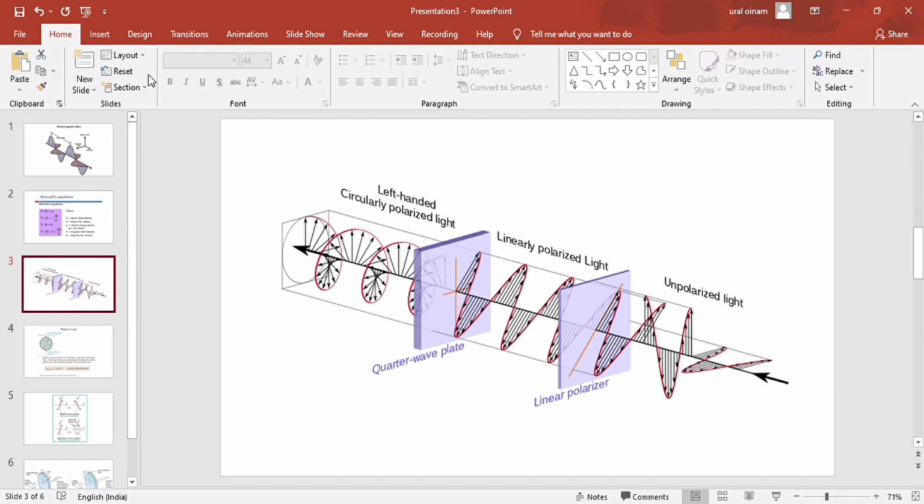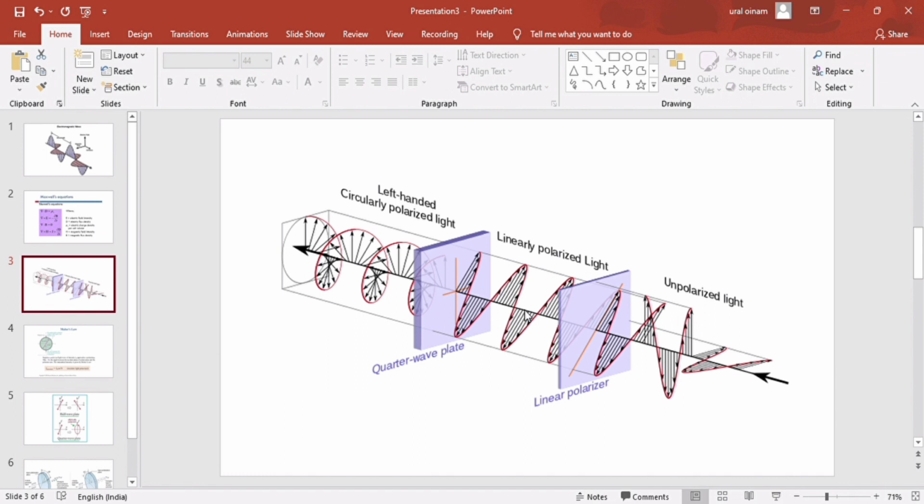So what are polarizers? A polarizer is an optical device or material that selectively transmits light waves with a specific polarization orientation, and at the same time blocks or attenuates light waves with other polarizations. We know that light waves are electromagnetic waves that oscillate in various directions perpendicular to the direction of propagation, and polarization refers to the orientation of this oscillation.